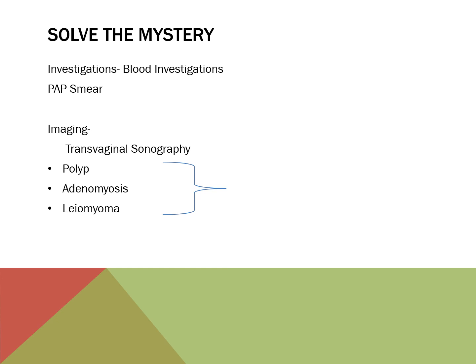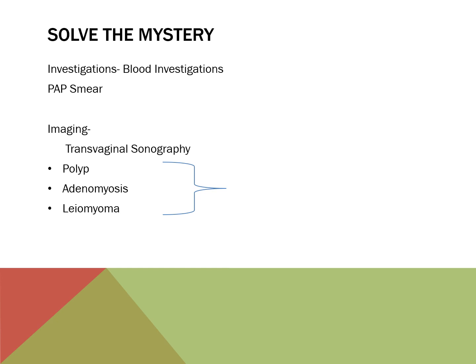So I would like to get her investigated: the blood investigations would be CBC, her basic investigations, fasting blood sugar levels, ESR levels, thyroid profile, all that of a gynecological patient.